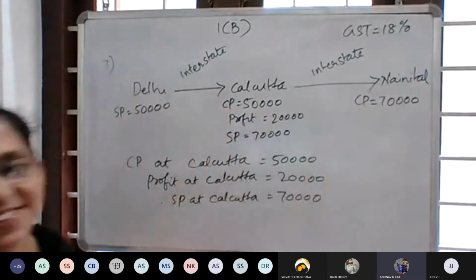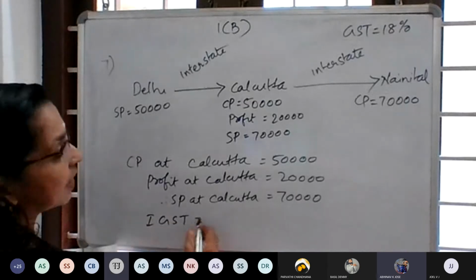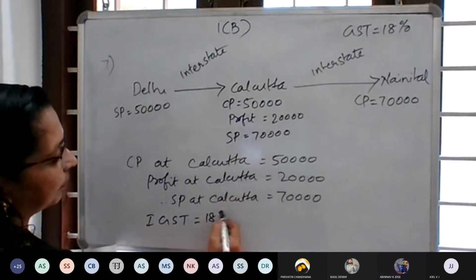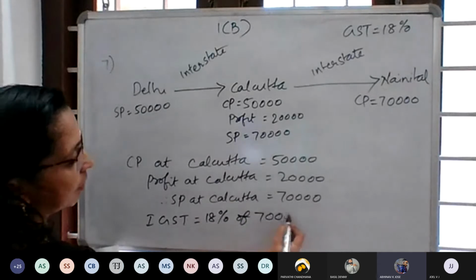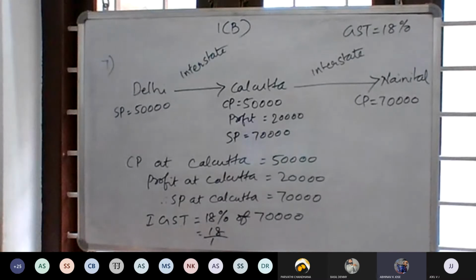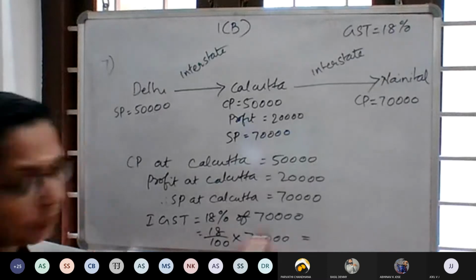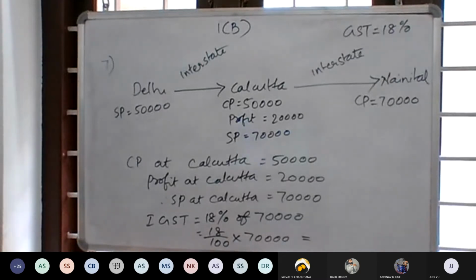Since the transaction from Calcutta to Nainital is an interstate transaction, IGST is equal to 18% of 70,000, which is equal to rupees 12,600.